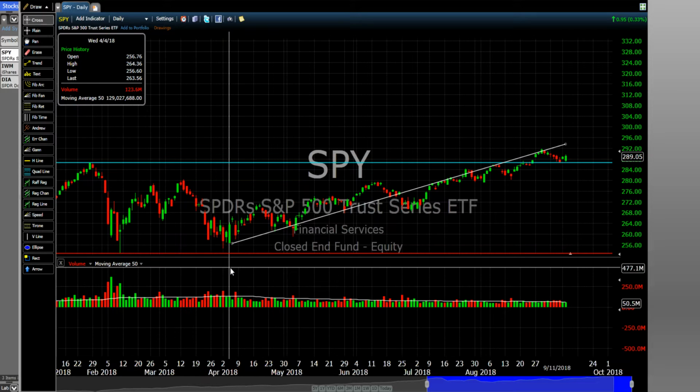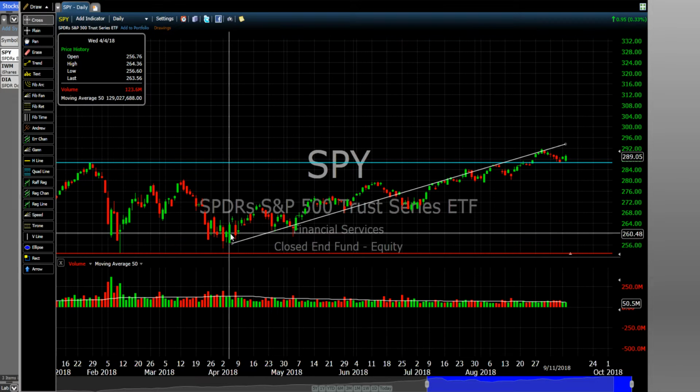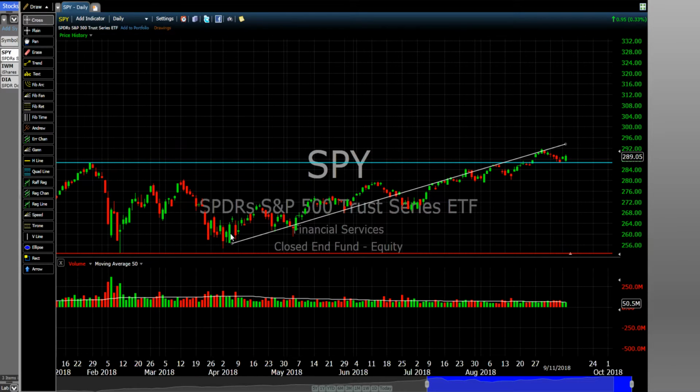Okay? Now, this is the SPY, which is Spider's S&P 500 ETF. It means those 500 stocks, most of them have been bought here in this. Most of them, okay, not all. And then they are going up, they are going up, they are going up, and you see the trend.